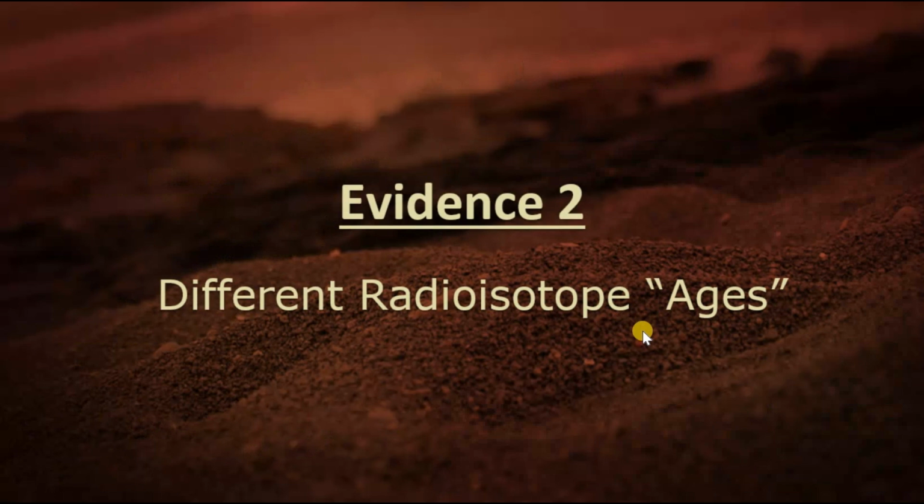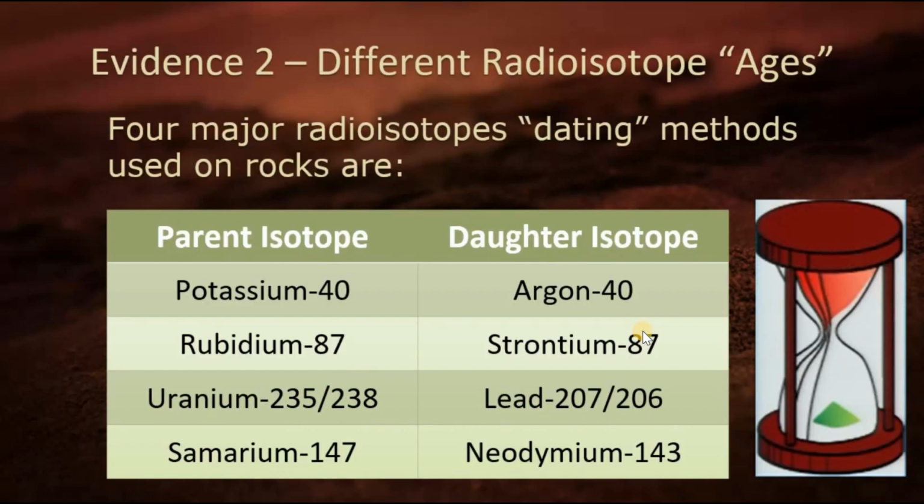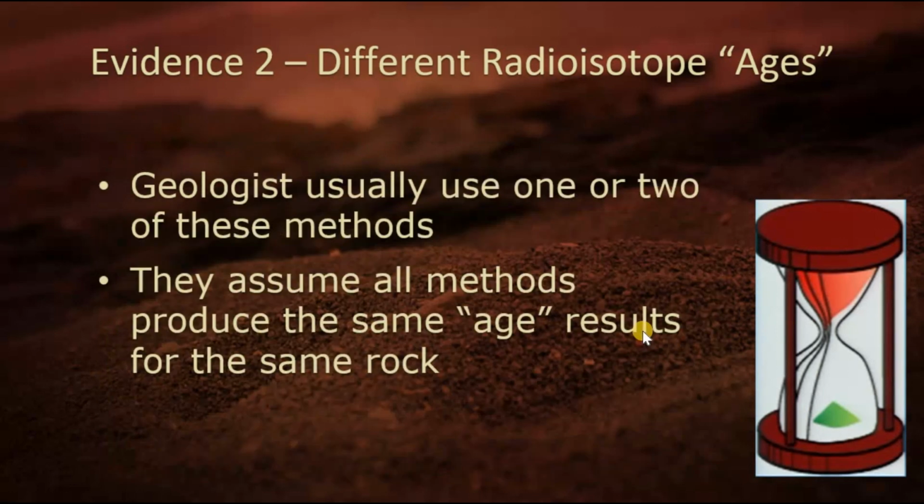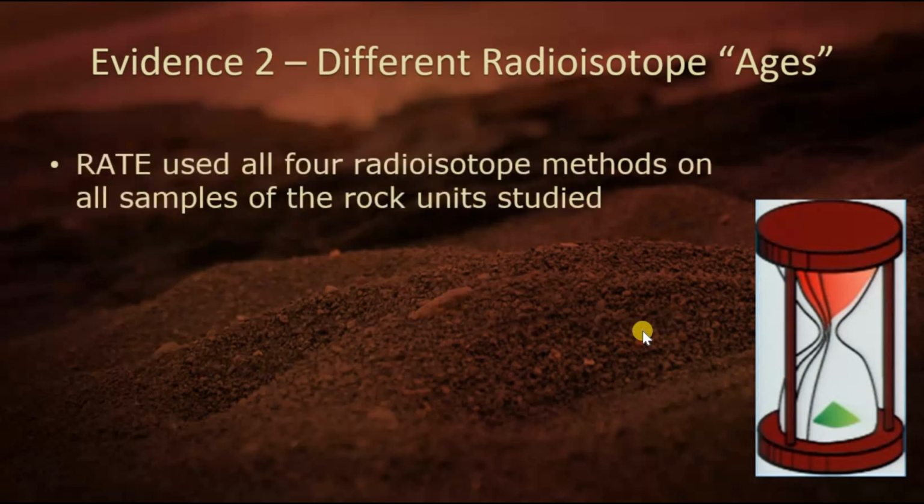Evidence number 2, different radioisotope ages. Scientists use 4 major radioisotope dating methods on rocks, and they're potassium-argon, rubidium-strontium, uranium-lead, and samarium-neodymium. And geologists usually only use 1 or 2 of these methods. They assume that all the methods will produce the same age results for the same rock.